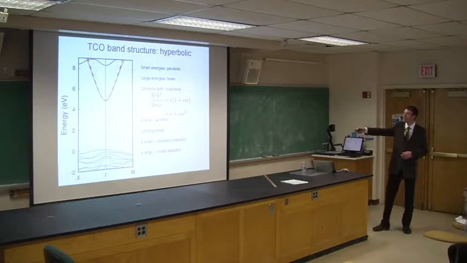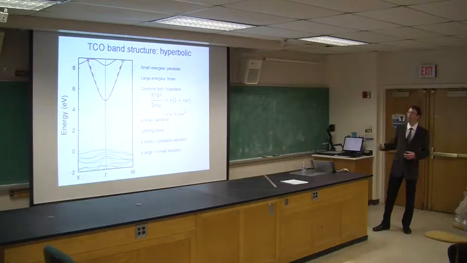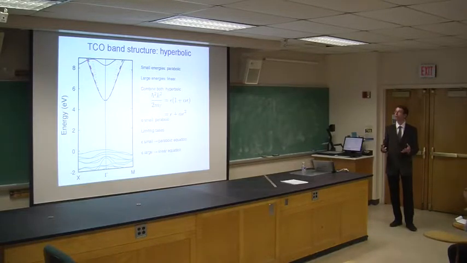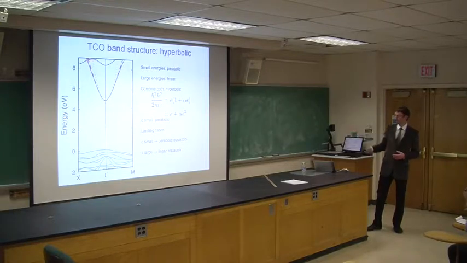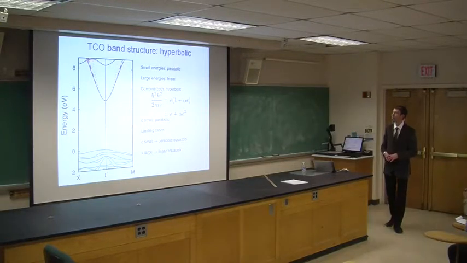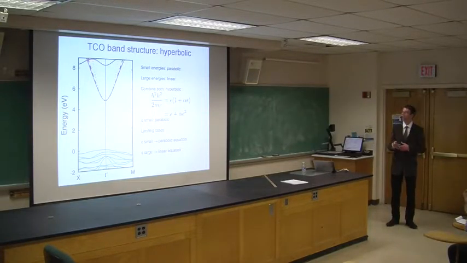So you can show that the square of the momentum is equal to the sum of the energy plus some term that will indicate how much your band structure is non-parabolic, and then the square of that energy. So in case your energies are small, you can neglect the last term and you recover a parabolic behavior.